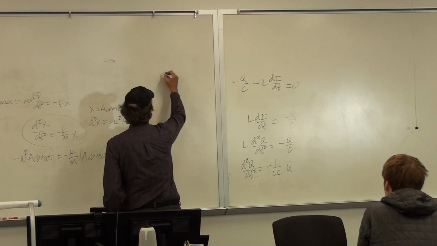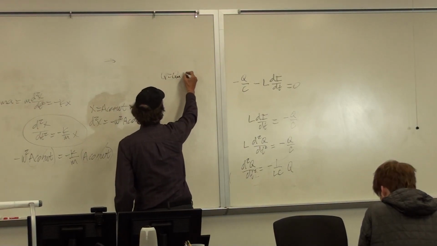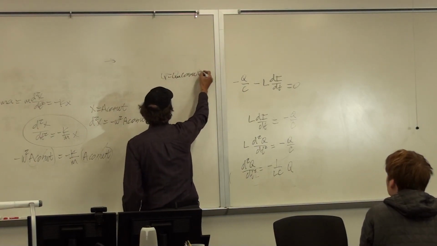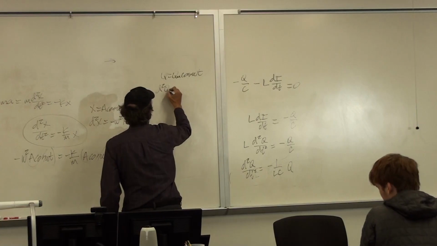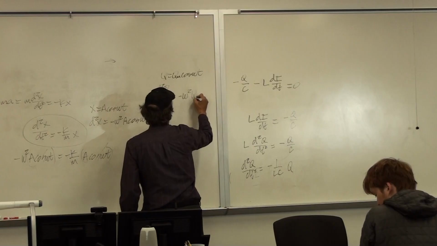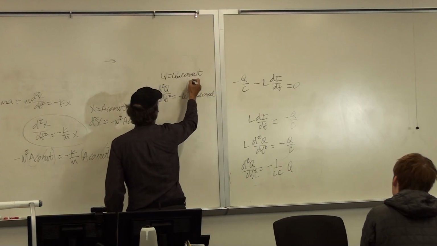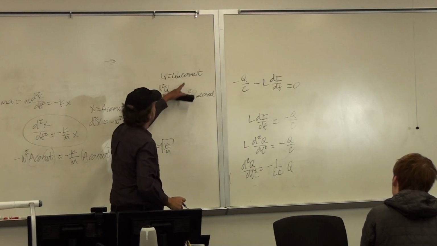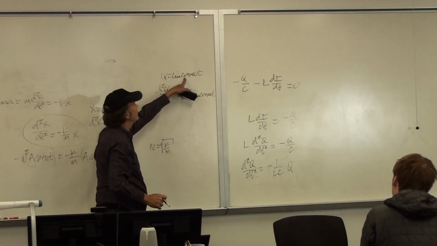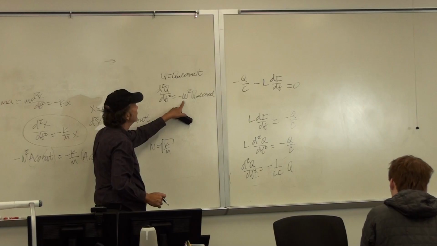If we assume Q is equal to Q max times the cosine of omega t, then the second derivative of Q with respect to time squared would be minus omega squared Q max cosine omega t. Remember, we take the derivative once, we get one factor of omega. We've done this before. Take the derivative a second time, we get omega squared.